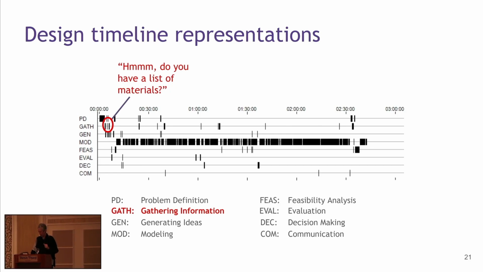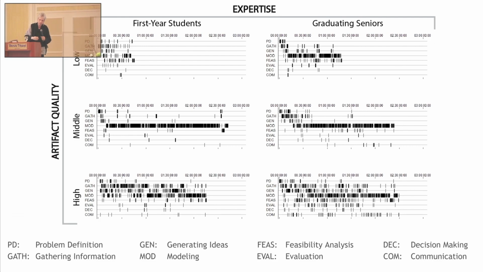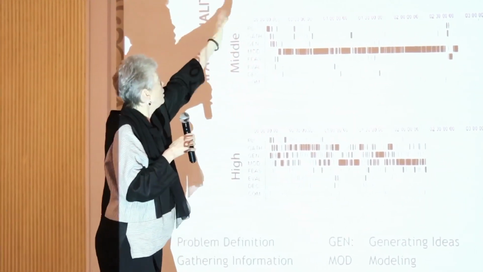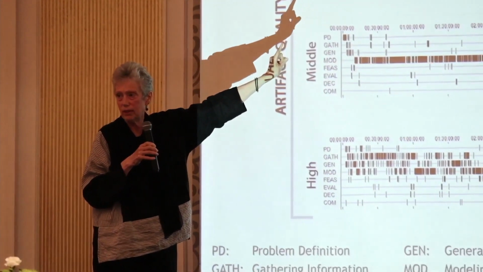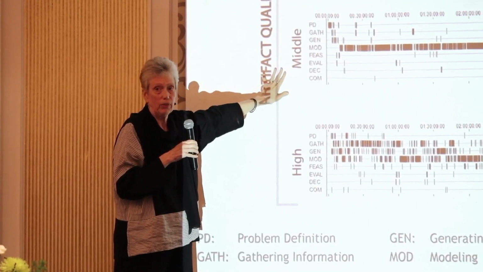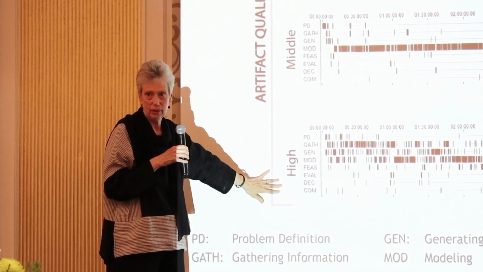And the next slide is a very busy one that I'm going to ask you to engage in. This has sample timelines from 3 first-year students and 3 graduating students, with the top row having students who created low-quality playgrounds, the middle row, students who created middle-quality playgrounds, and the bottom row, students who created high-quality playgrounds.